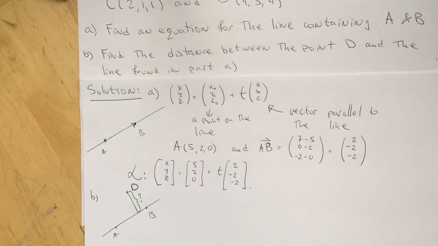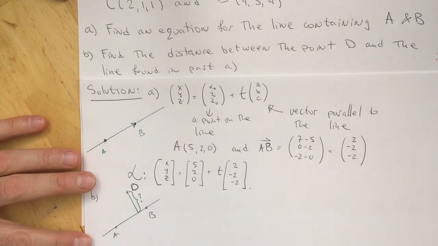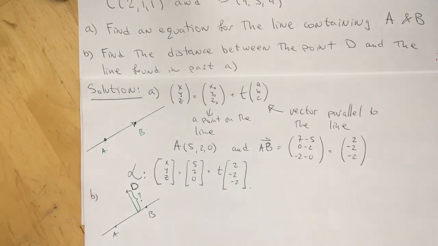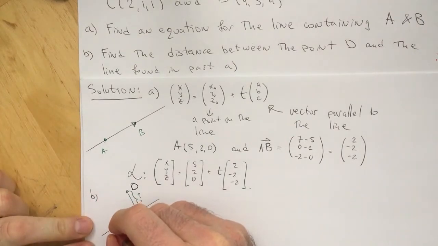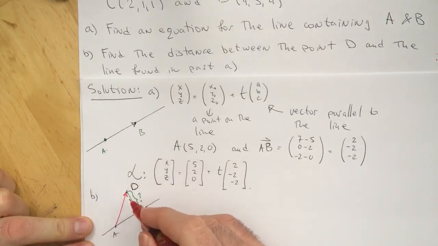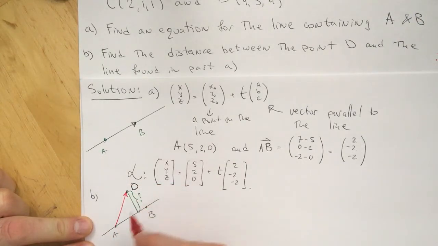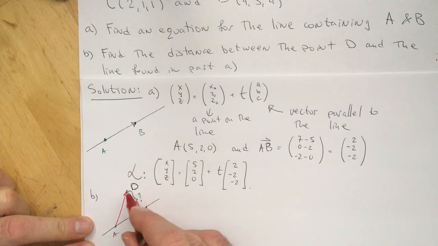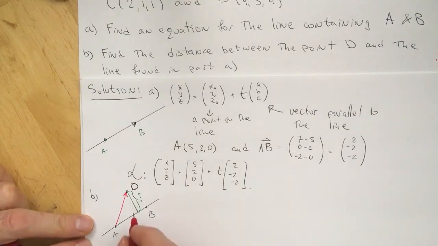So what can we do? Well, we're going to do this using projections. First, I'm going to determine this vector here, the vector AD, and I'm going to project that vector onto the vector parallel to the line. In other words, I'm going to project this vector AD onto the vector AB. That will give me this vector right here.